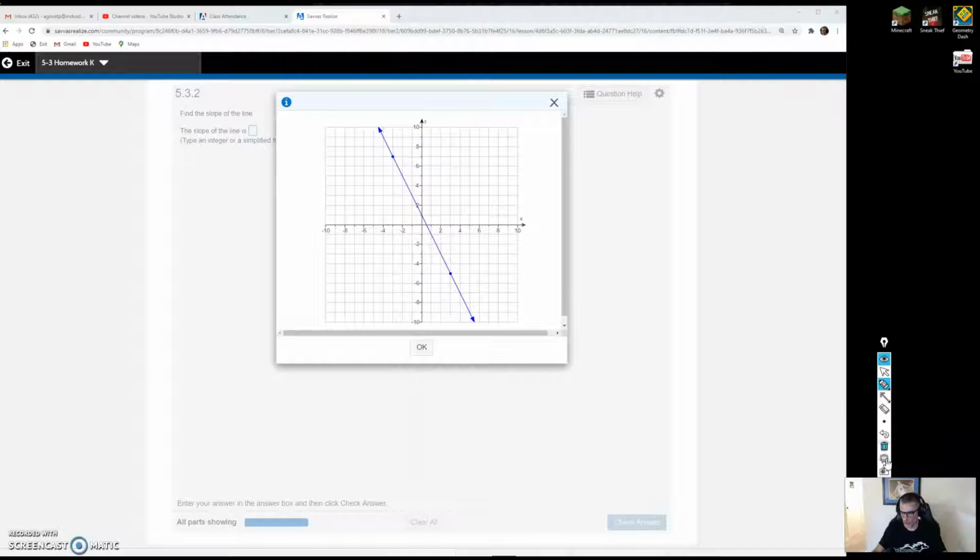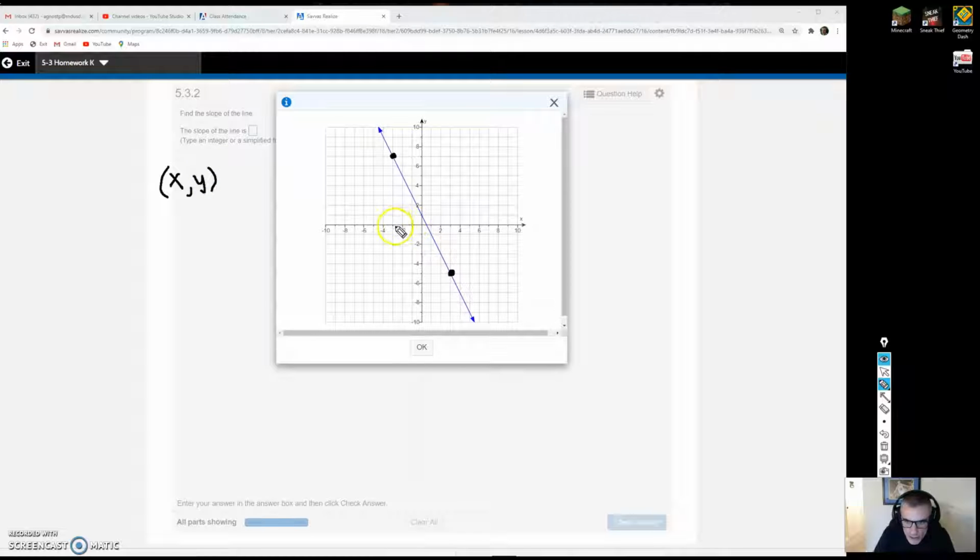But I want you to imagine for a second, what if they just gave us the coordinates of these 2 points, this point right here and this point right here? Remember we always write a coordinate pair as x comma y.